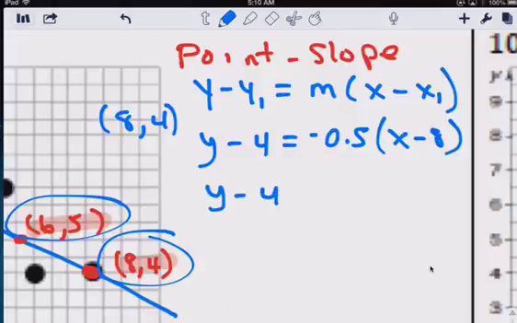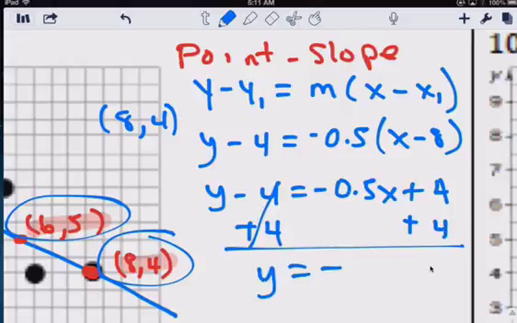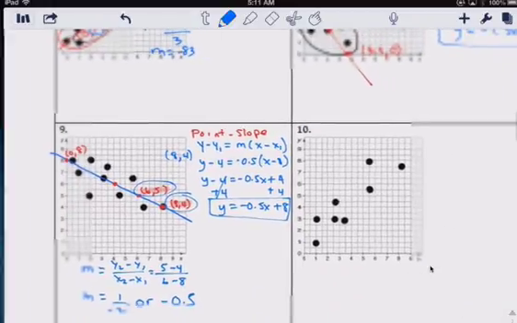Use your calculator for this stuff if you have a hard time multiplying that. That equals a positive 4. Add 4, add 4. y equals negative 0.5x plus 8. Okay? That's how you do that.